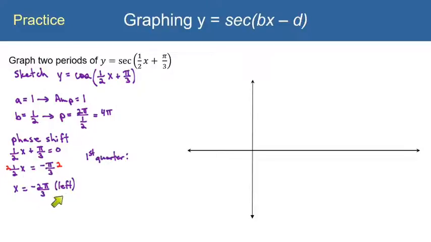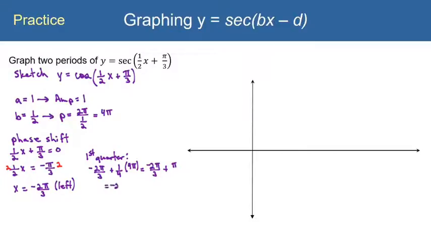Now, because our phase shift is to the left, we'll need to calculate the first quarter mark so that we'll know how far apart to space our 4 evenly spaced marks. So, negative 2 pi over 3 plus a fourth of the period is going to mean negative 2 pi over 3 plus pi.